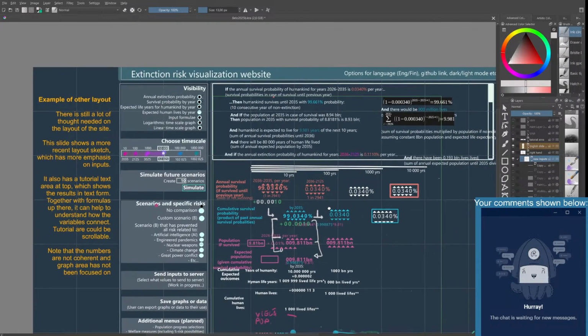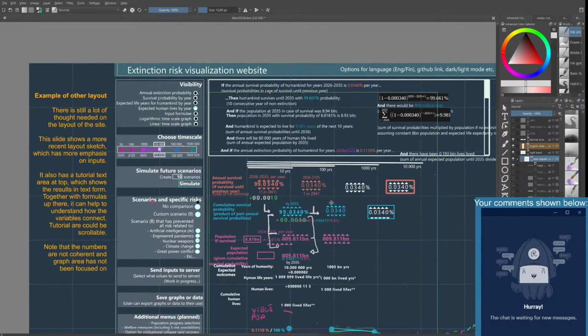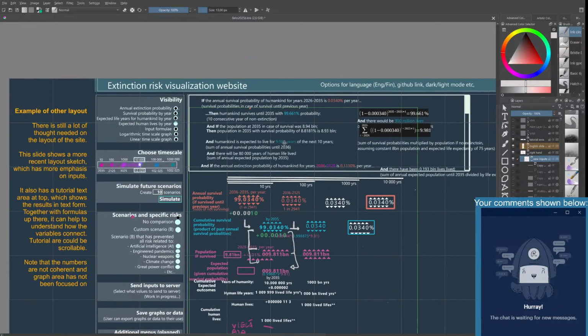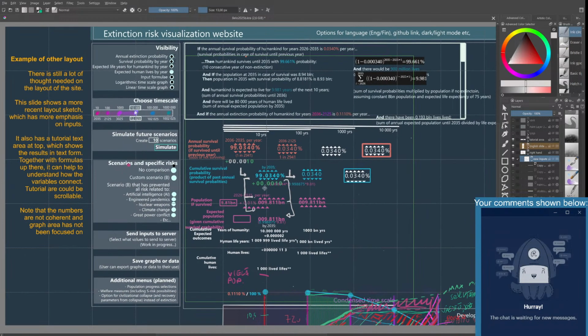To some extent it's handled up here, but I would also like to have some kind of arrows going around here. So let's see where I have those.